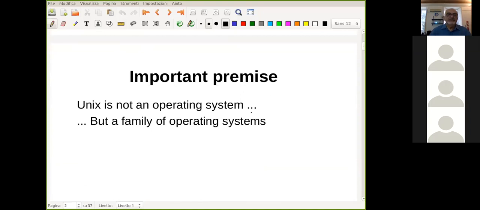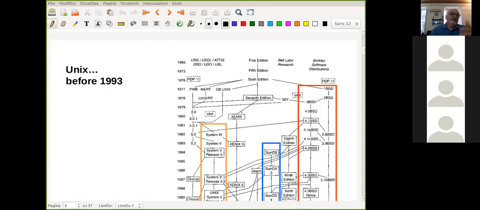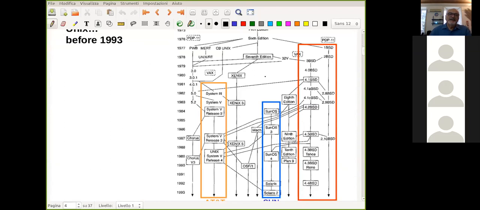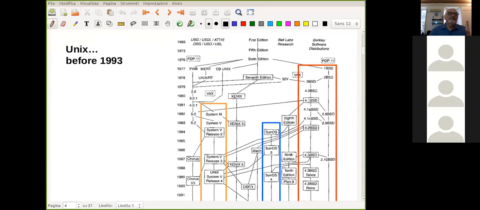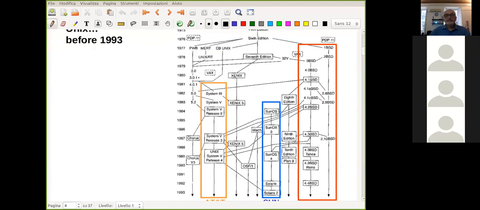Unix is not an operating system, but a family. If you are interested, this is the hierarchical tree.